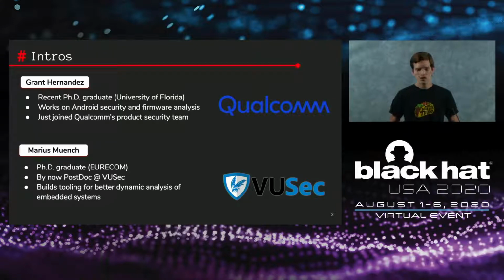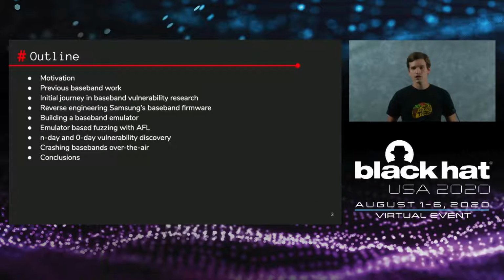So let's talk a little bit about our agenda today. I'm going to start with a little bit of motivation as to why we decided to look at basebands. And to do that, we're going to go over some previous baseband work. Initially, we'll talk about how I started doing baseband vulnerability research and where it fell short.